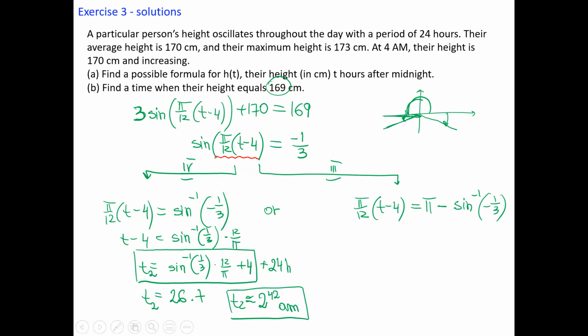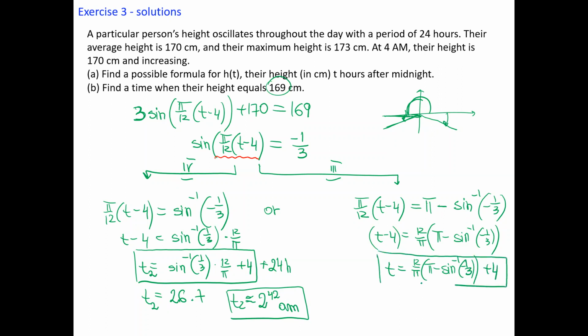Okay, now let's see what we get on this side. The same thing. I will multiply both sides by 12 over pi. I will just use the calculator at the end. And I will add 4. That means now we have 12 over pi times (pi minus inverse sine of negative 1/3) plus 4.